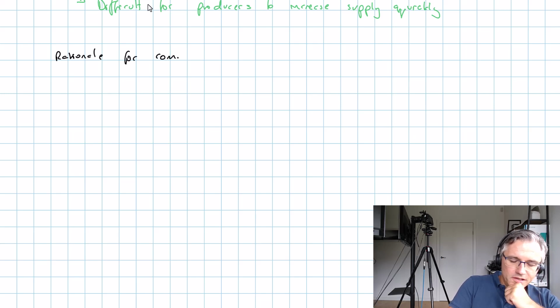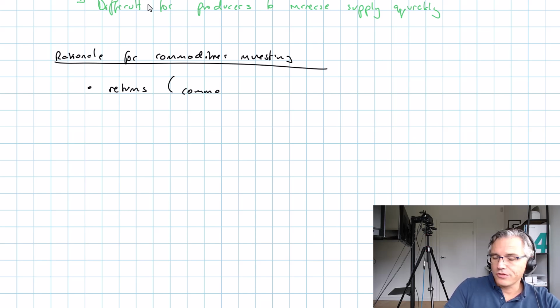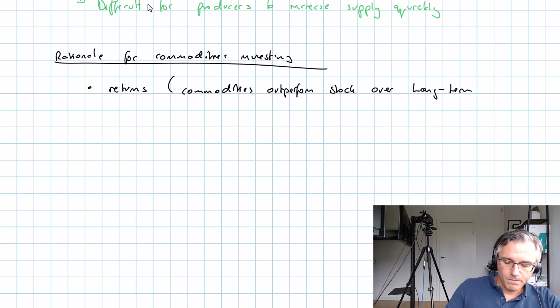So what's the rationale for commodities investing? Well, three things: returns. Commodities are shown to outperform stocks over the long term, but this comes at the expense of significantly higher volatility.